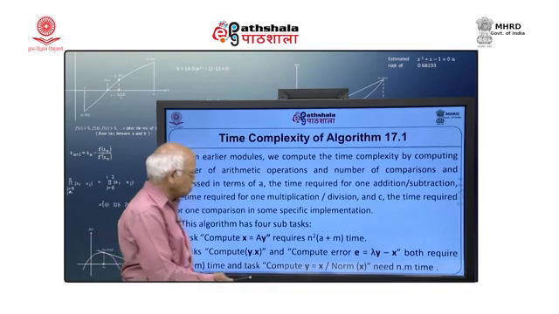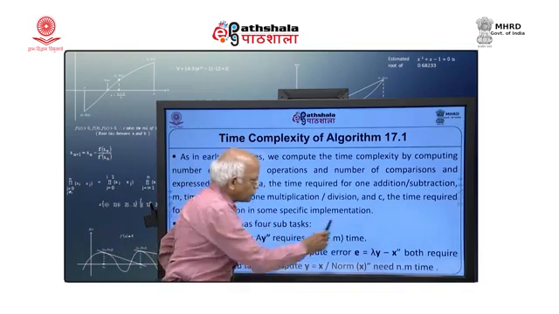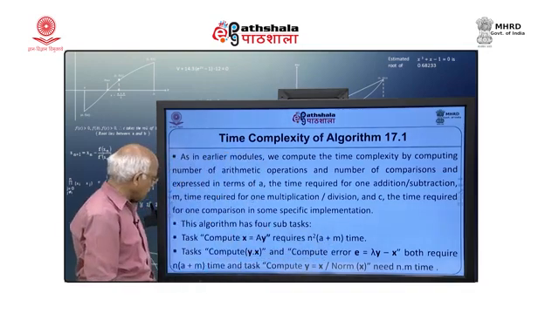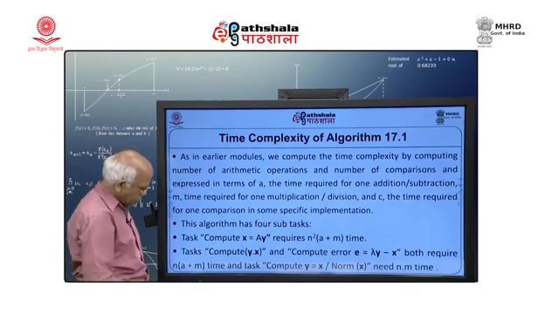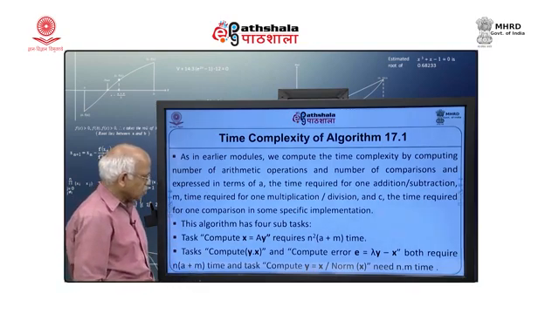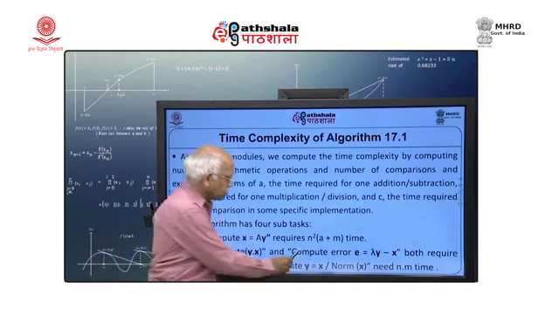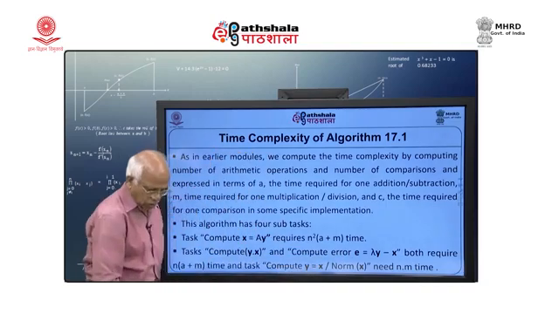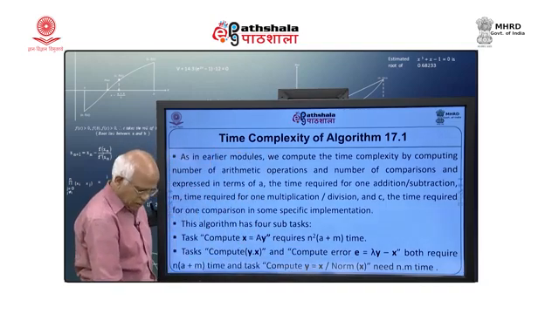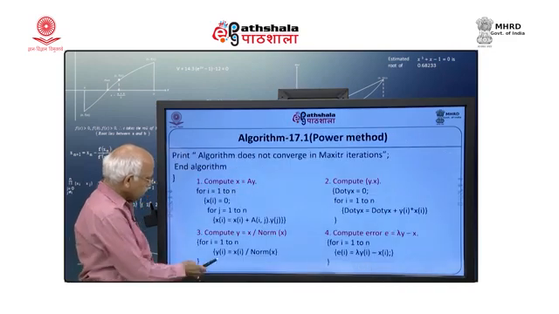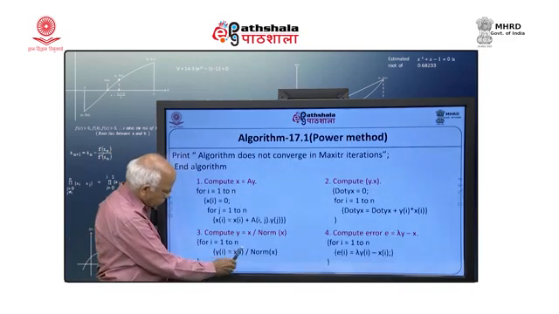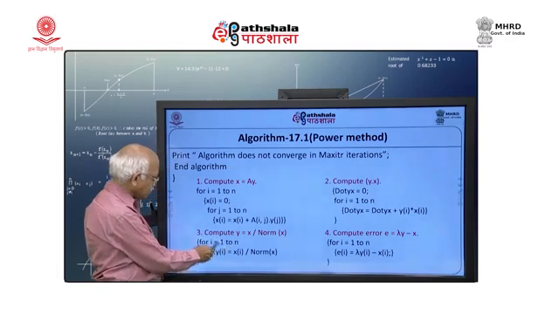That will again involve, and e bar equal to lambda y bar minus x bar, both will require n into A plus M times. And the task compute y bar equal to x bar by norm x bar will need n into M times, because you can see there is one division operation. So, n times M time for this.